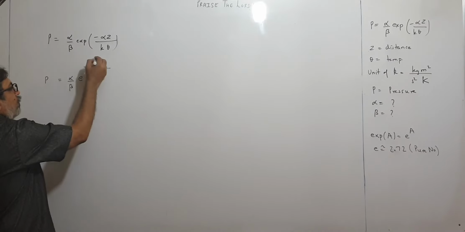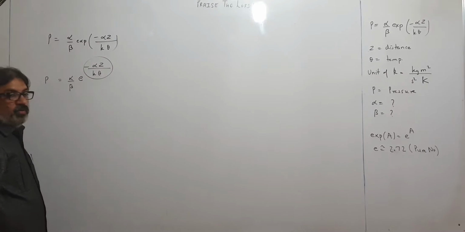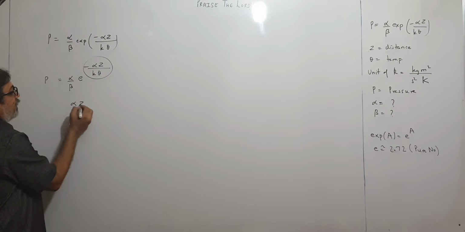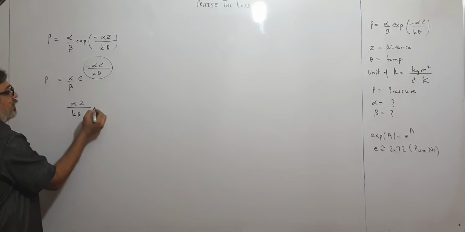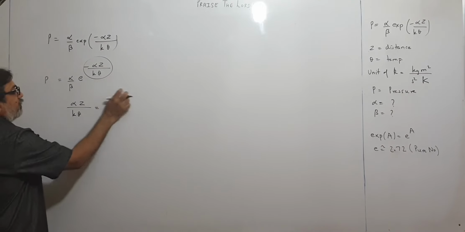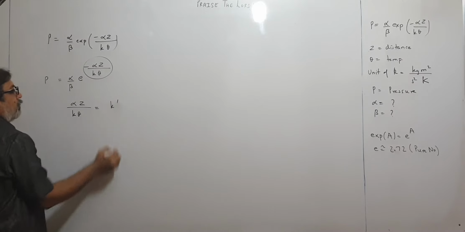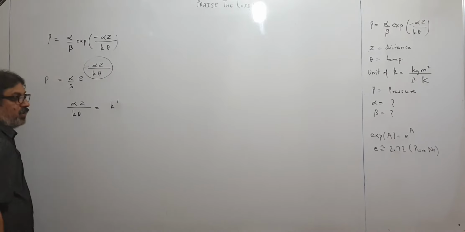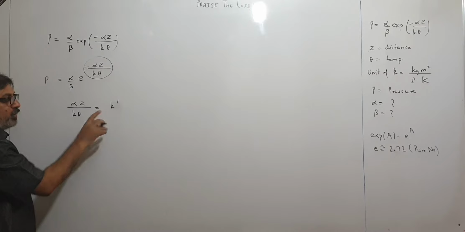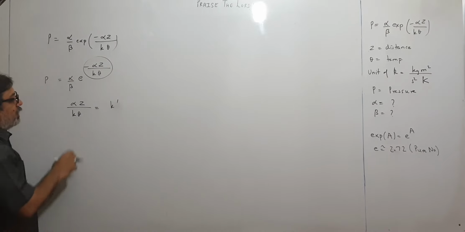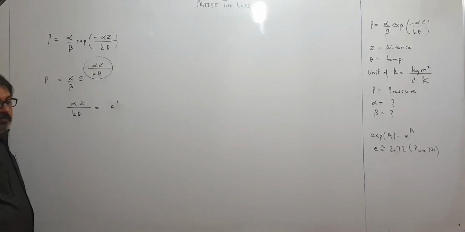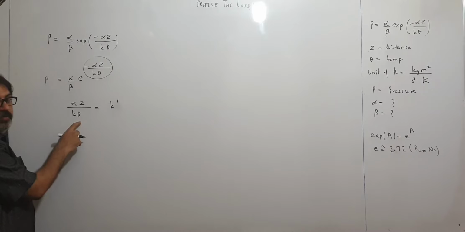Now children, you already know power is a pure number. That means alpha z upon k theta should be a pure number, say k dash. I am not writing k because k is already over here. So some constant k dash, it will have no units, please understand. Z I know is distance, k units are given, theta units are given.